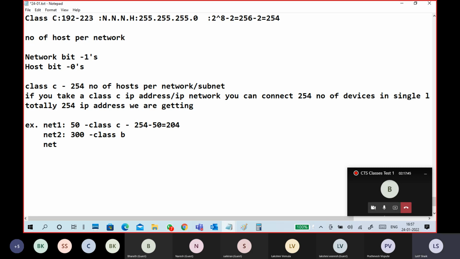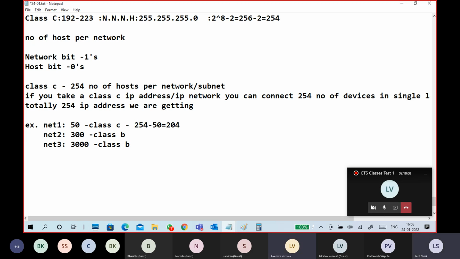Another network: now I have 3000 devices. Which class is better? Class B only, because up to 65,000 there is no need to worry.